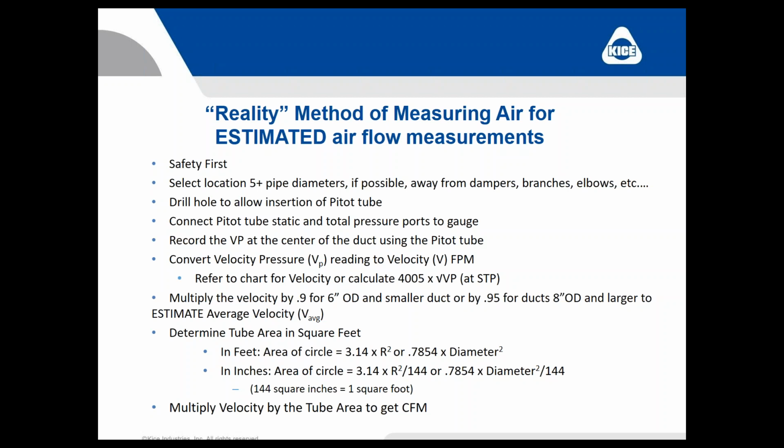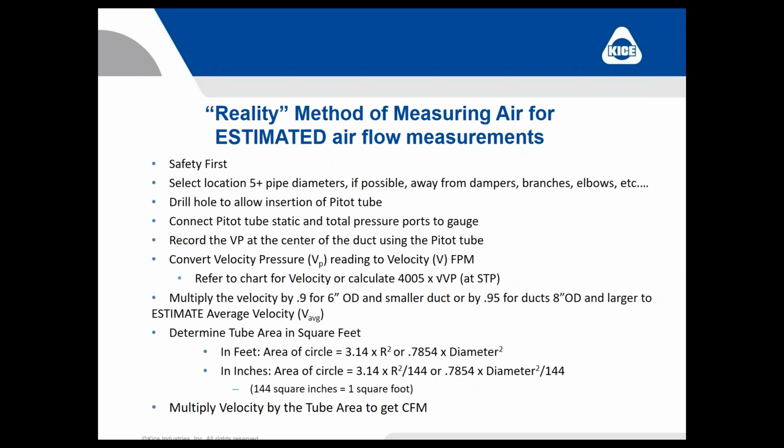You record the VP at the center of the duct using the pitot tube. So we drill a hole, we insert the pitot tube, we try to find the center, and we look for that velocity pressure reading. Usually we're using a 0 to 3, a 0 to 5 gauge. It's the smaller of the 2 gauge measurements.